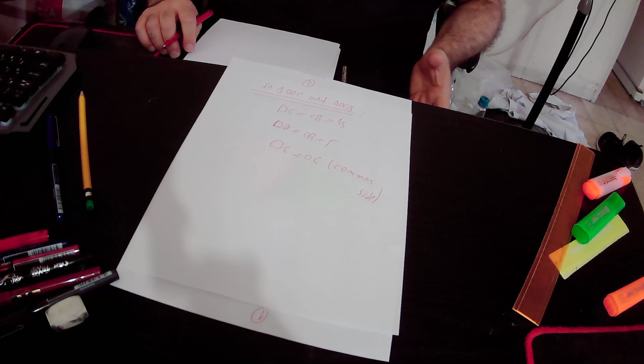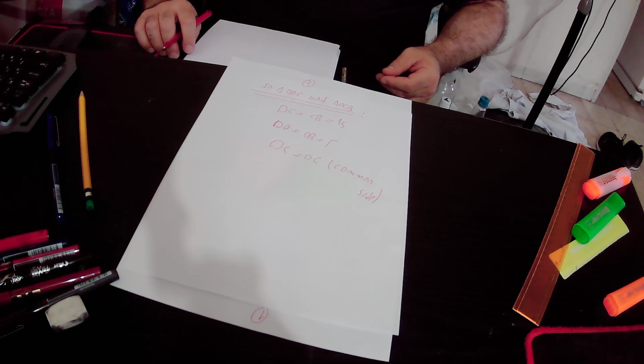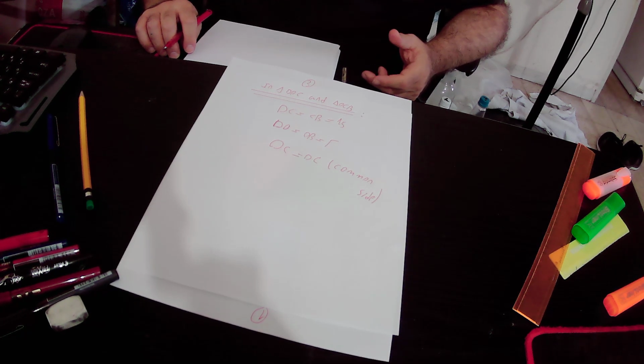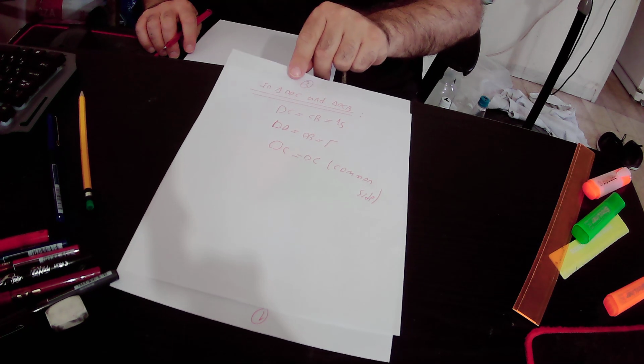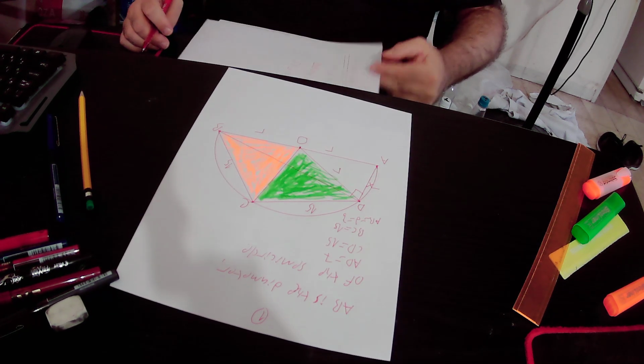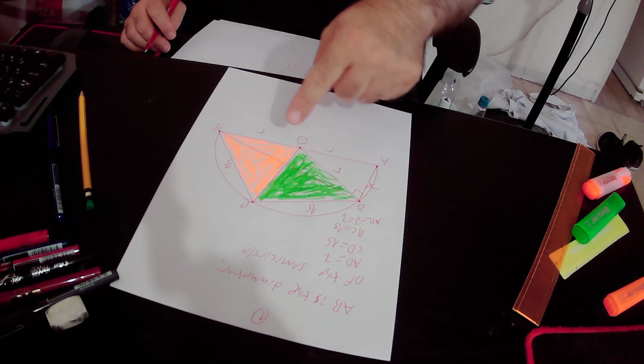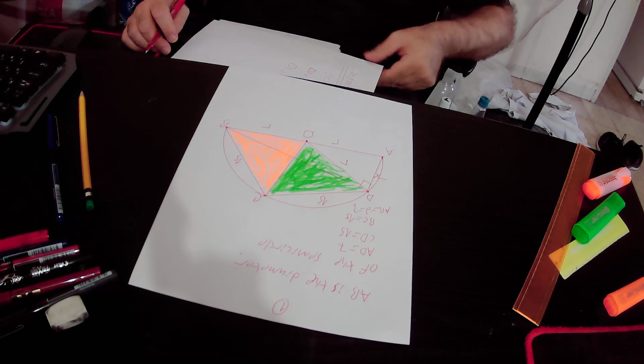So we actually proved that all the sides of the green triangle are equal to all the sides of the orange triangle. Therefore, we actually proved that the green triangle is congruent to the orange triangle.